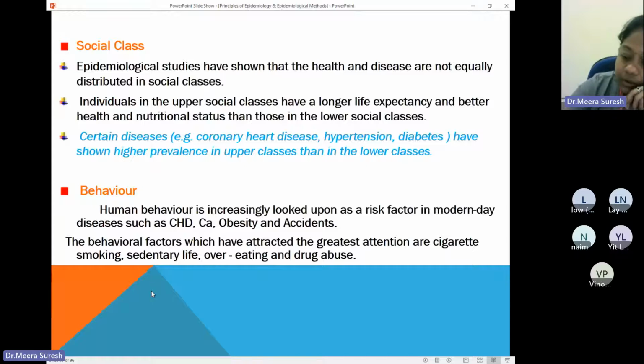For example, a person comes to you with high cholesterol, say 350 milligram percent. He does not have any other bad habits, no alcohol, no smoking.